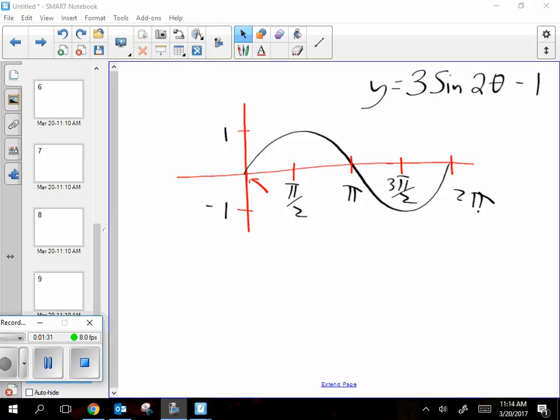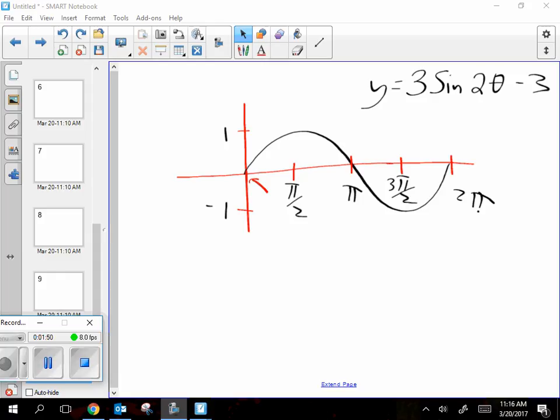Actually, I'm going to make your life a little easier. We're going to subtract 3 at the end instead of subtracting 1 because it'll move more nicely. I'll pause for a moment while you give that one a try.